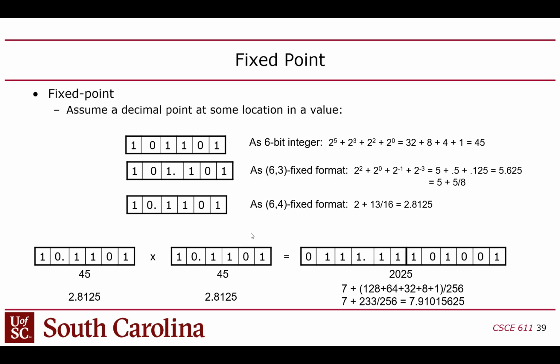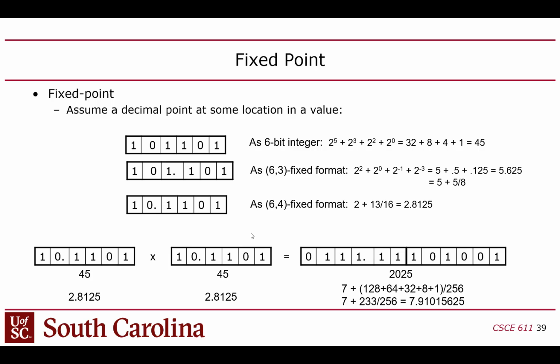And then my accuracy, which is the unit in the last place, is what I described earlier, 2 to the -3rd power, 1/8. So my resolution is 1/8. My range is -4 to +3 for this 3-bit whole number. So again, this is a 6-3. I have an accuracy, which is determined by the number of fractional bits, 2 to the negative number of fractional bits.